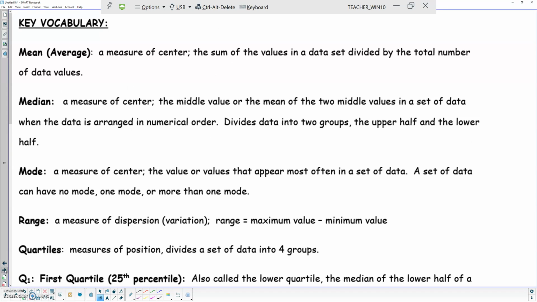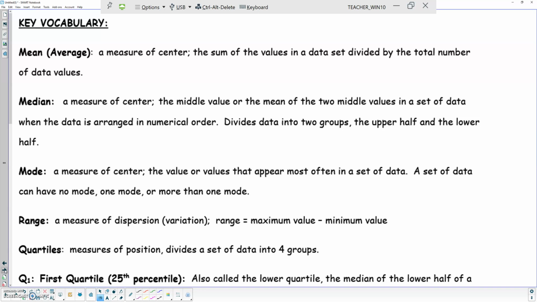So when you guys ask, what's my average in math? I'm giving you the mean, all right? So it's a measure of center, and it's the sum of the values in a data set divided by the total number of data values, okay? The median is also a measure of center. It's the middle value, or the average or the mean of the two middle values when the data is arranged in numerical order.